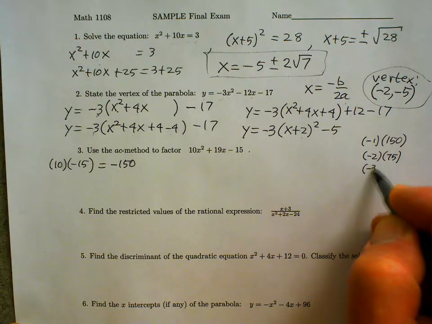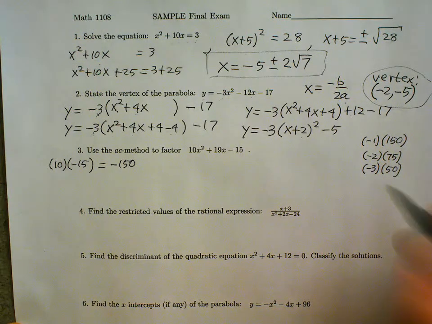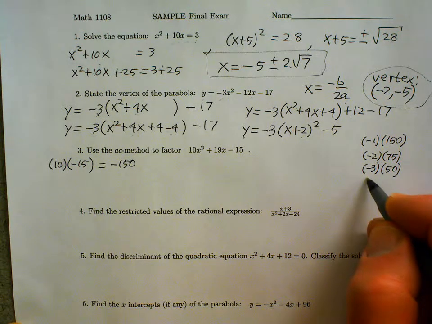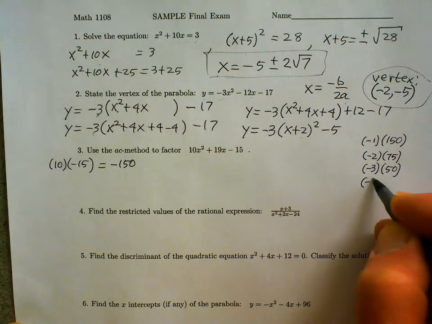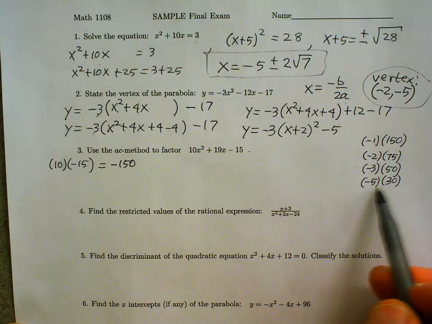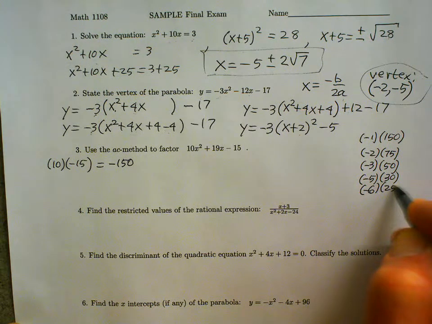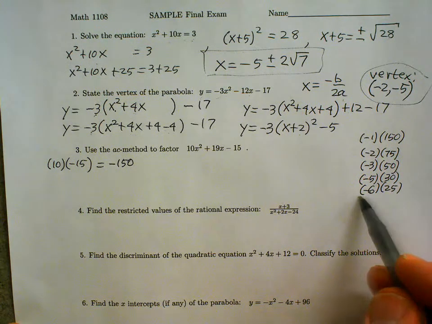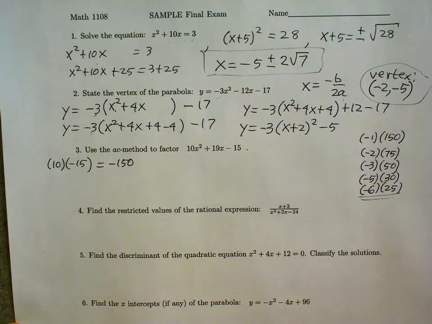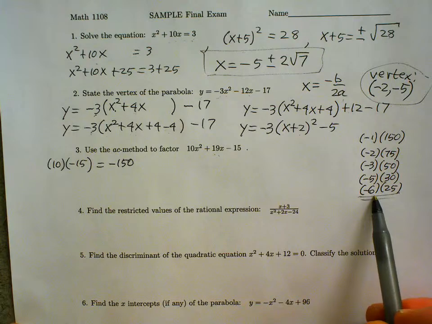Then -3 times 50. -4 is not an integer factor, but -5 is. -5 times 30. Those add up to 25, so we're getting closer. And then -6 times 25. -6 plus 25 is 19, so the two integers we want are -6 and 25.